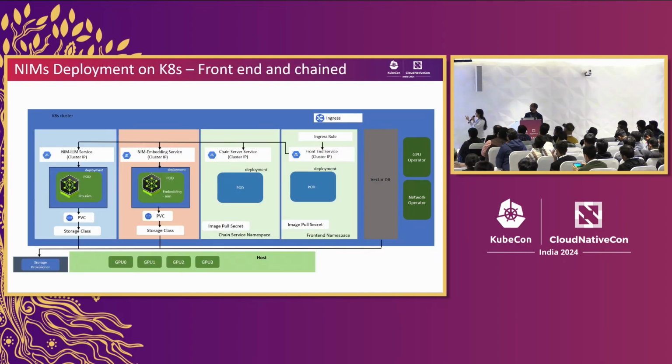Now, let's look at how we can chain them, because one is not enough. Just like he was saying, we need one for embedding, we need one for re-ranking, probably we need multiple such. The beauty of this Kubernetes-based deployment is you can add any number of verticals like this, for example your front end and your chain service.